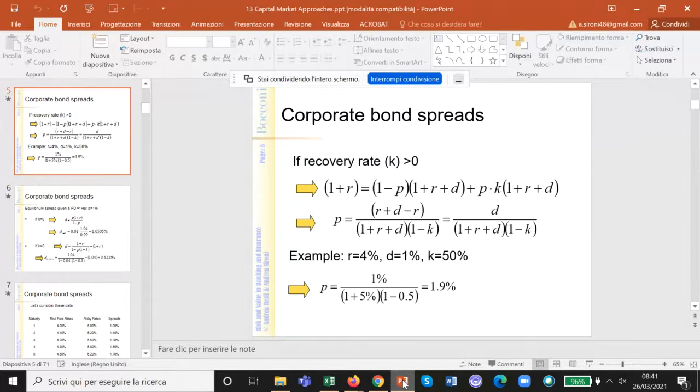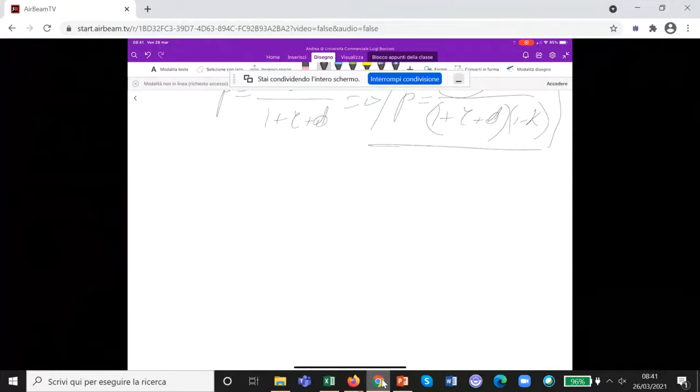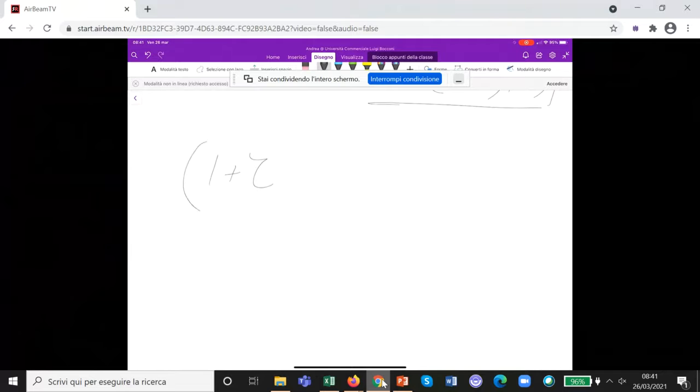Now, another very important assumption that we made, or that we have to keep in mind, is that we started from this very simple equation, i.e., 1 plus R is equal to 1 minus the probability of default times 1 plus the risk-free rate plus the spread.